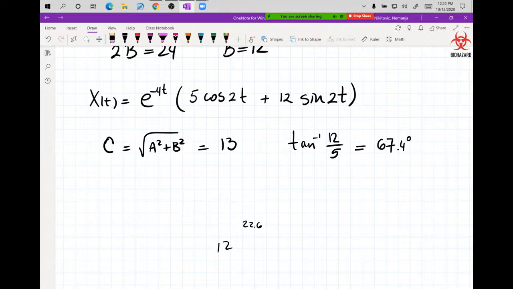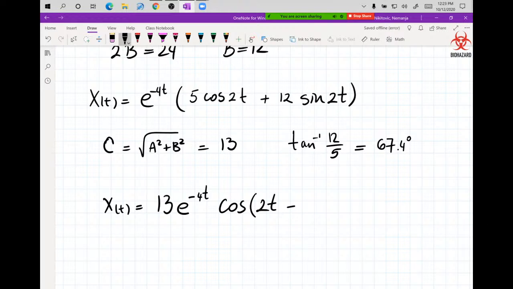Whatever. So that's going to be x of t equal to 13 e to the negative 4t cosine of 2t minus 67.4 degrees, or put it in radians. There it is.